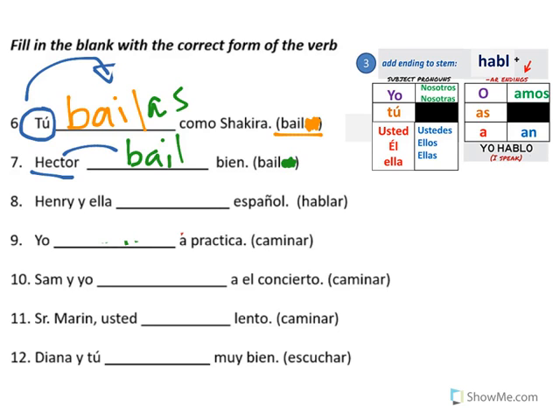Well, Héctor is one person. So we're going to quickly cross this out. Héctor is definitely not I. Héctor is definitely not tú, doesn't say tú. Cross this out, which, look at this, means that our only option is the A ending, which is right. Héctor baila.